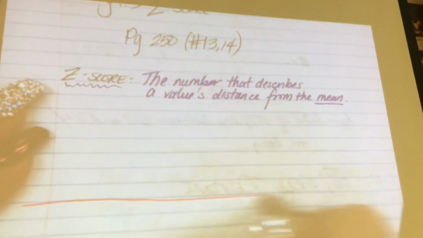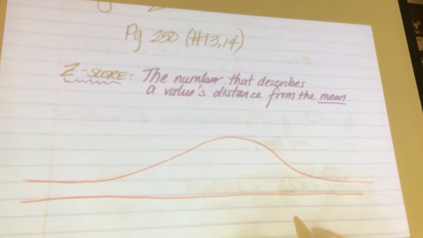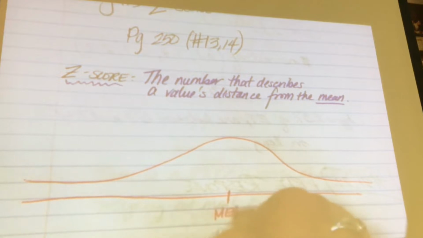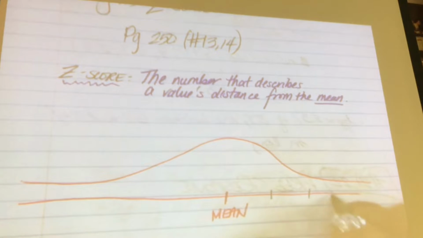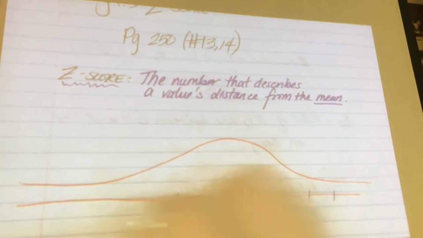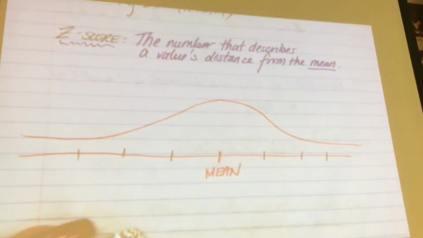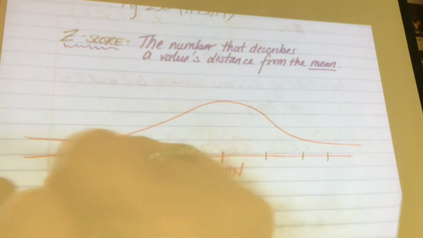So on our bell curve here, let's say this is the mean right here in the middle. And you have 1, 2, 3 standard deviations, 1, 2, and -3 standard deviations. Let's say Riad's standing right here.